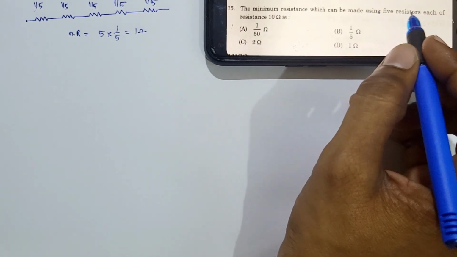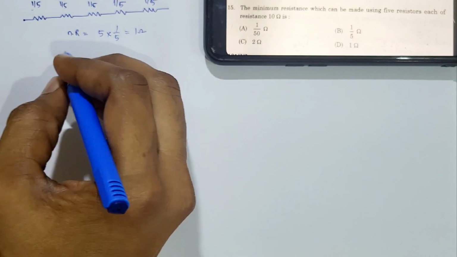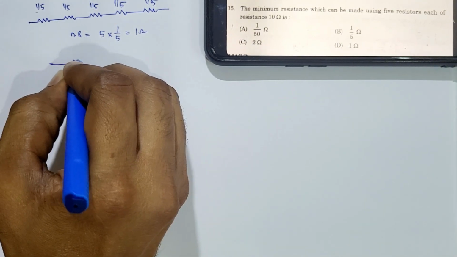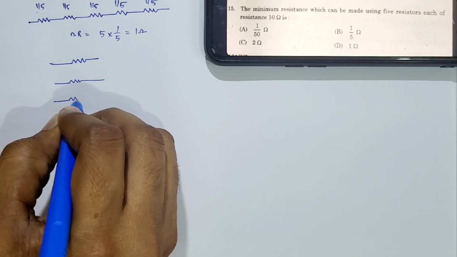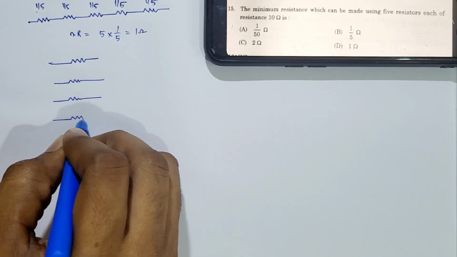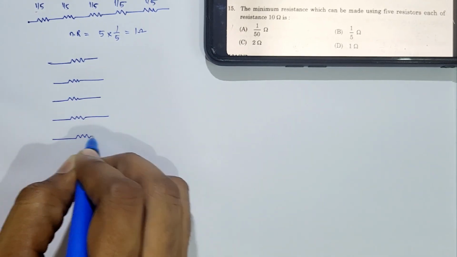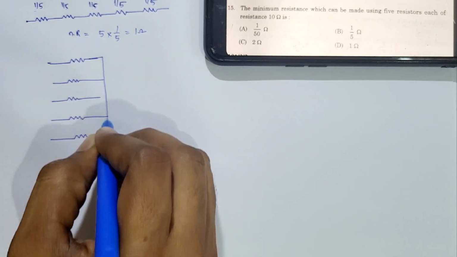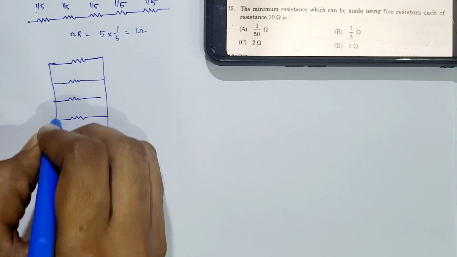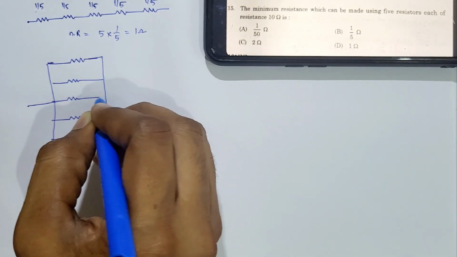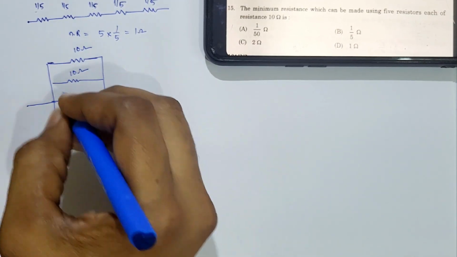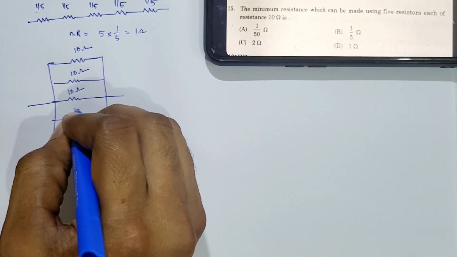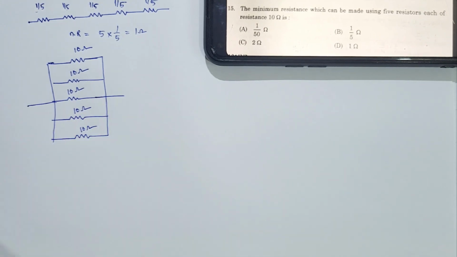5 resistors are there. Each resistance is 10 ohm. Like this, 5 resistances are there: 10 ohm, 10 ohm, 10 ohm, 10 ohm, and 10 ohm.